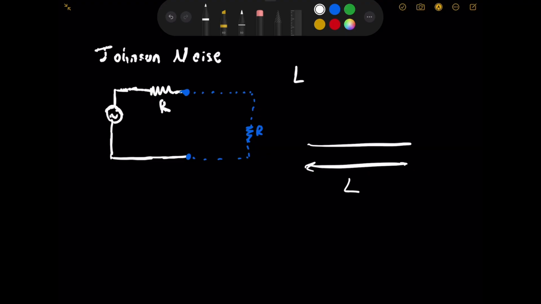And we're going to have a wave that is propagating on this. So the wave could be like this, or it could be like this, or it could have two nodes, so maybe like that. You get the idea.